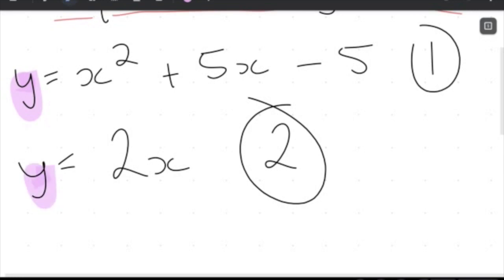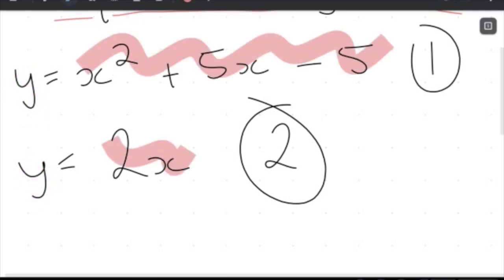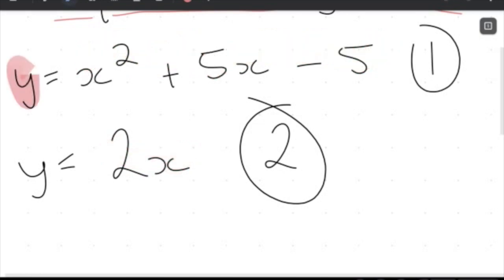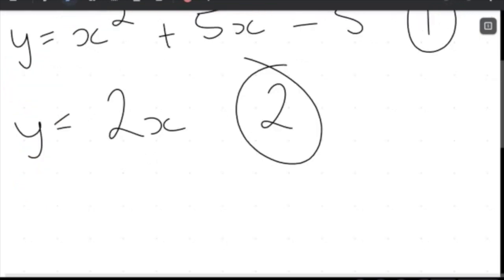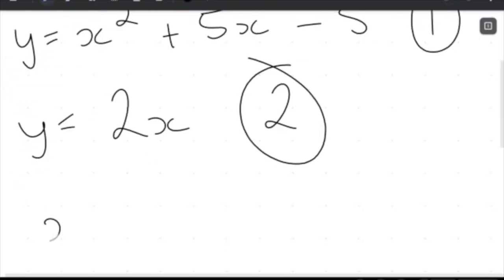So we've talked about this at length before. Now, since these y values are the same, we can set them as equal to each other so that we substitute in something for these y's. So that just gives us an equation that's relatively easy to solve. Or easier now, I should say.